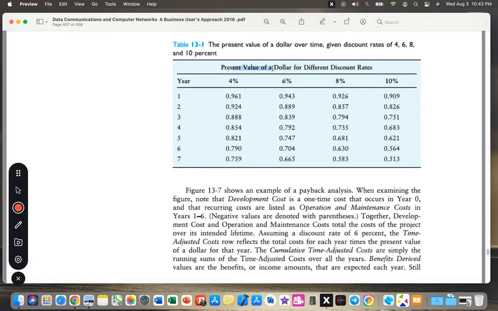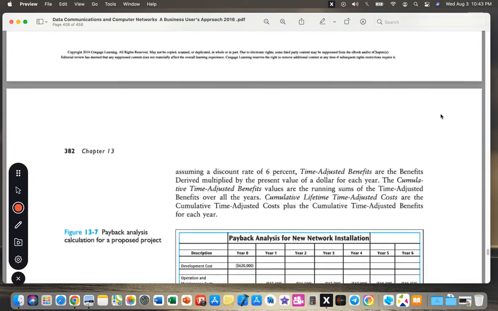So you see different discount rates and the value is different. The less discount, the higher is the value. The more discount, the less the value, of course.